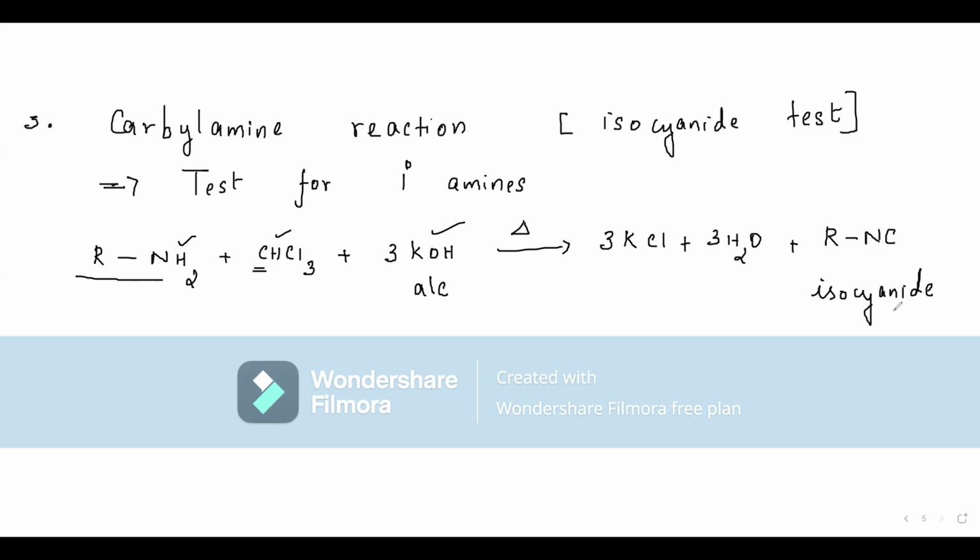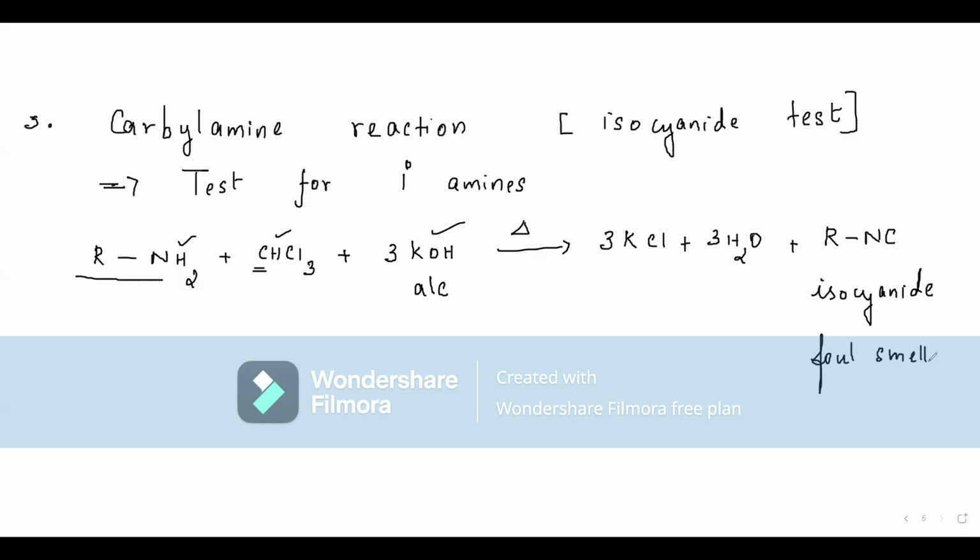How is this a test then? This is taken as a test because isocyanides have their own characteristic foul smell. A disagreeable, unpleasant smell will be developed when a primary amine reacts with chloroform in presence of alcoholic alkali.